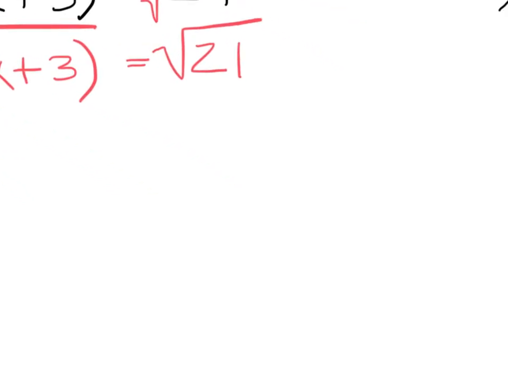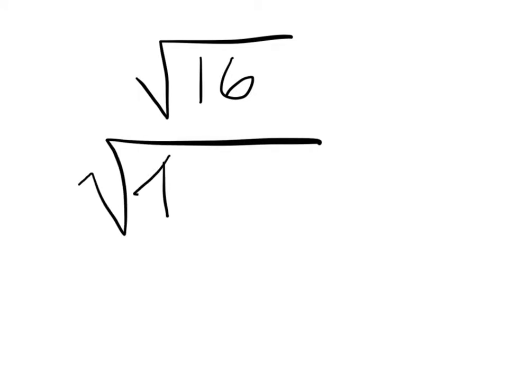We will look at another one over here. If I had the square root of 16, could I not break that up as the square root of 4 times 4? 4 times 4 is 16. What is the square root of 16? 4.